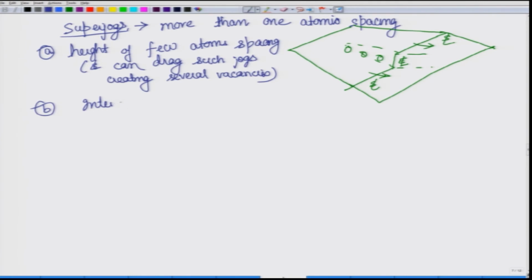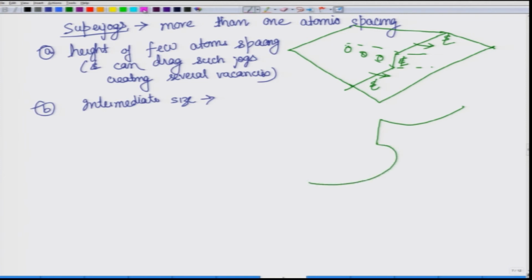So, super jog size. Now, you can have intermediate size. What is the intermediate size? It is such a size that if you look at the dislocation, now here it is the jog, and if you have the 2 of these, then it is neither too small that it can be dragged, it is sessile, but at the same time it is not so big that there is no interaction between the 2.